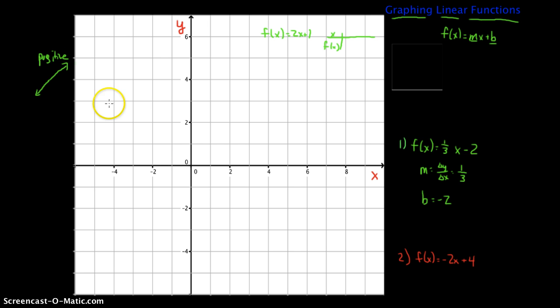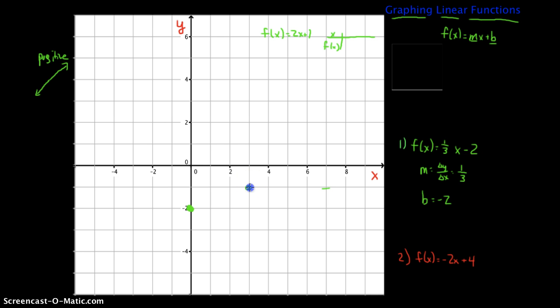So all I have to do to graph this line is start at my y-intercept. I know the line has to pass through here. I'm going to change x by 3, so I start here and go 1, 2, 3, which says the change in x is 3.